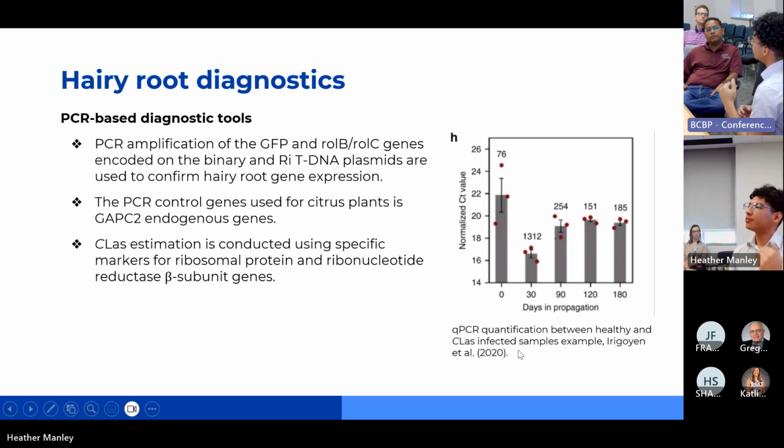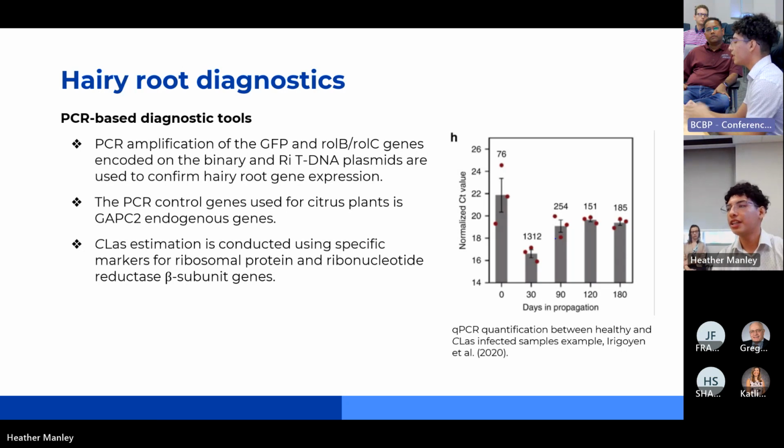Usually we want a range of between 20 to 30. In between those two ranges is how we would be able to detect. So basically, CT values are cycle thresholds in which the necessary amount of cycles in multiple reactions in PCR are needed to produce a fluorescent signal.